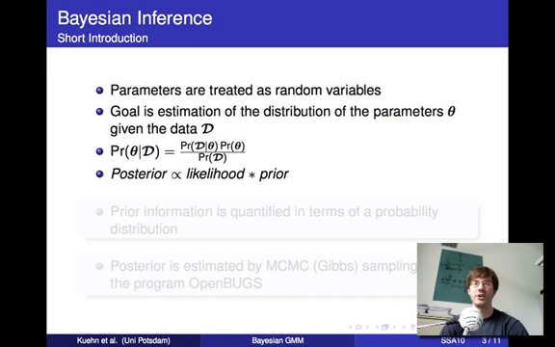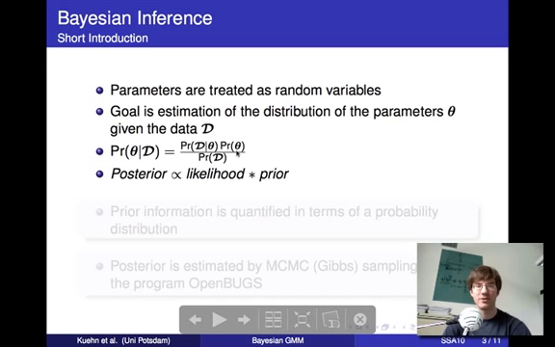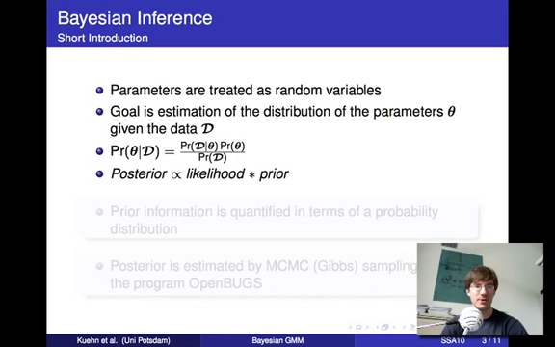And this is of course very nice, because here we have a principled way to include prior information over our parameters, which is then updated using the data. And this updating can be done one at a time or using a whole batch of data.